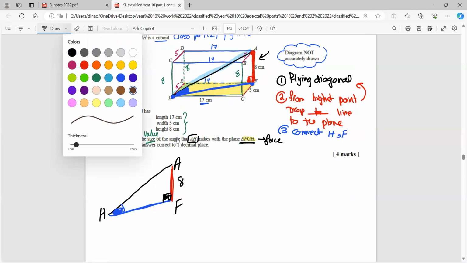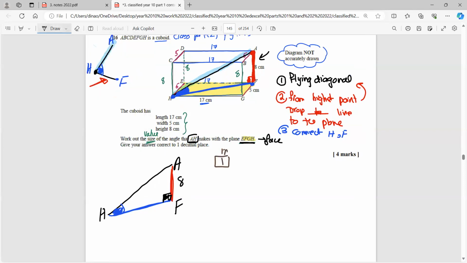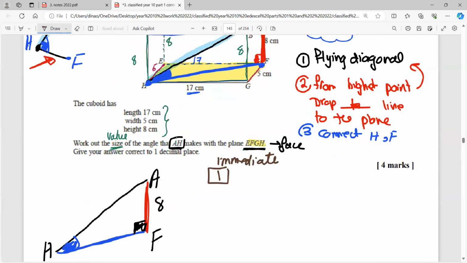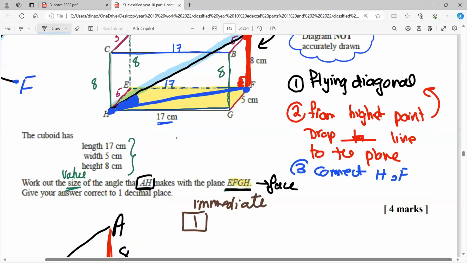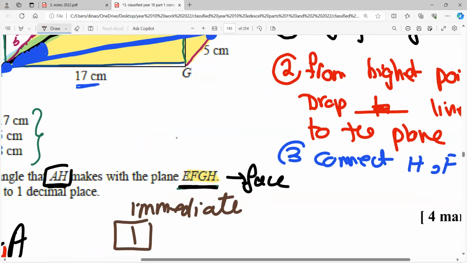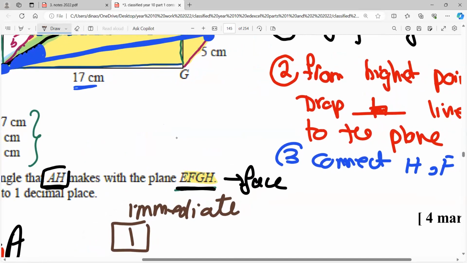The immediate step that you do after constructing the triangle is calculating this blue line over here. I'm going to zoom in. I'm going to calculate the diagonal drawn in the plane.